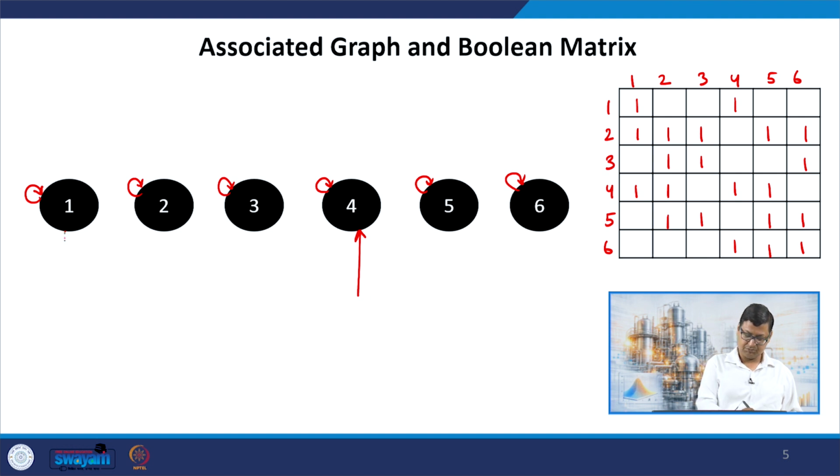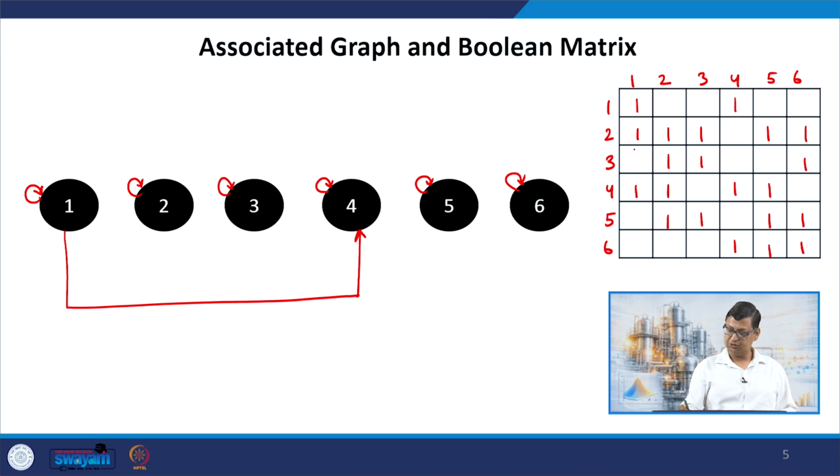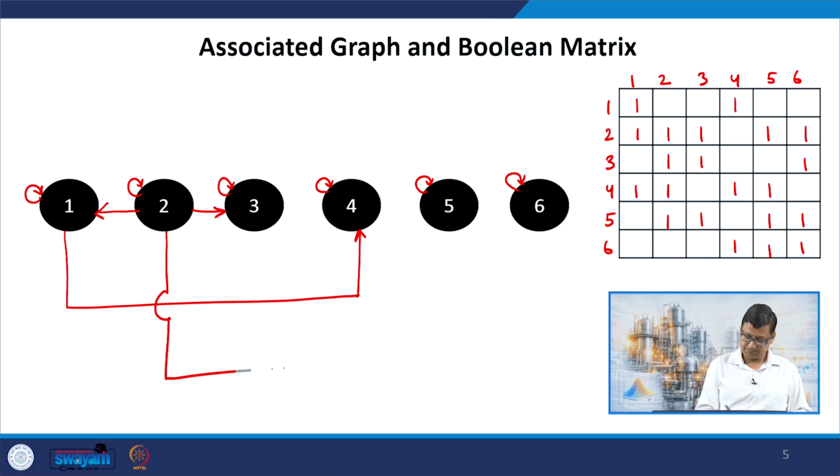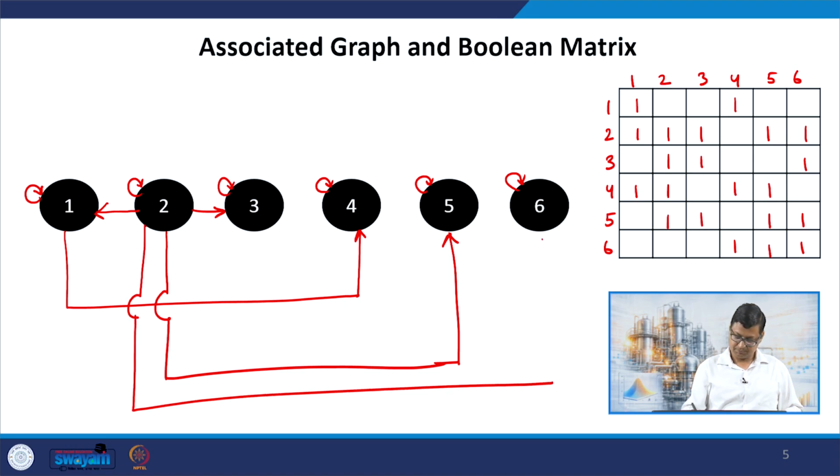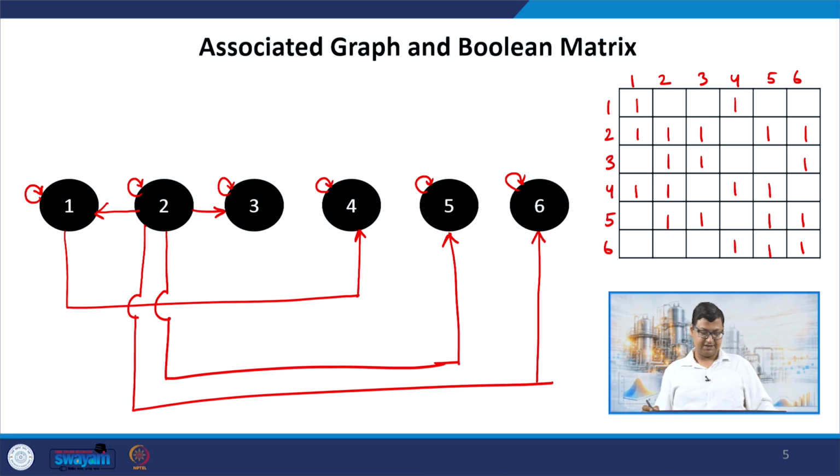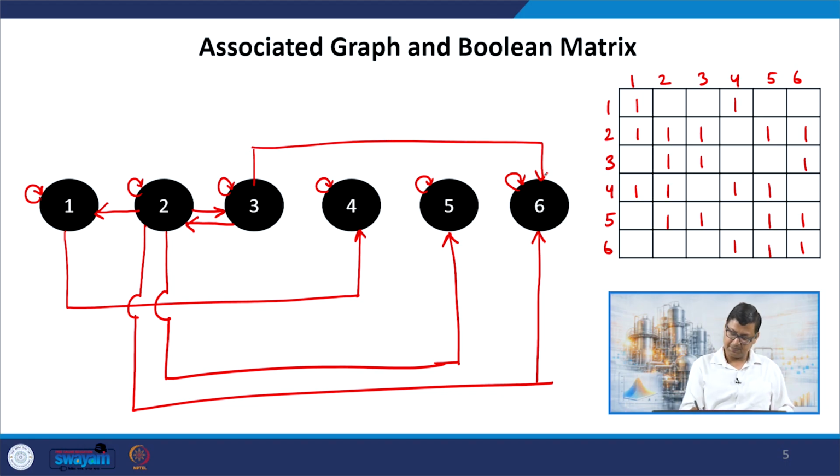Then from 2, I can go to 1, 2, 3, 5, 6. And from 3, we can go to 2, 3, 6. 3 to 3 is a self loop. And from 4, we can go to 1, 2, 4, 5.